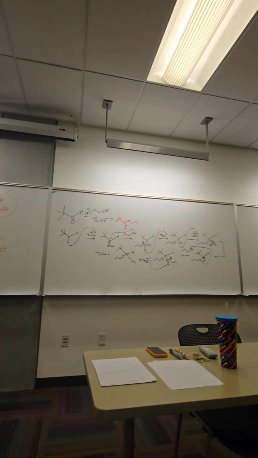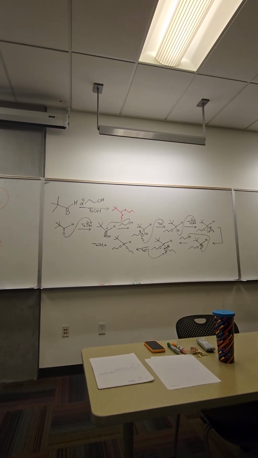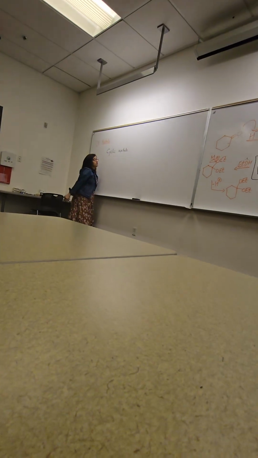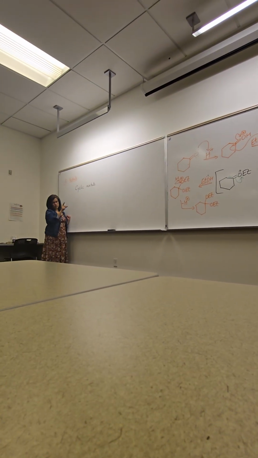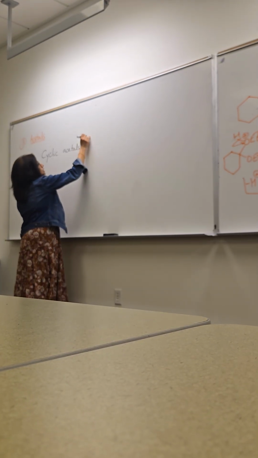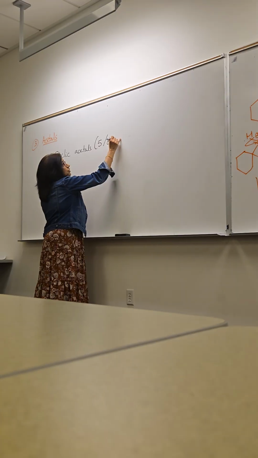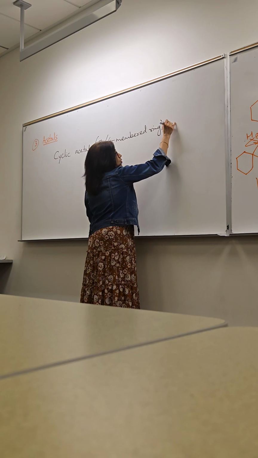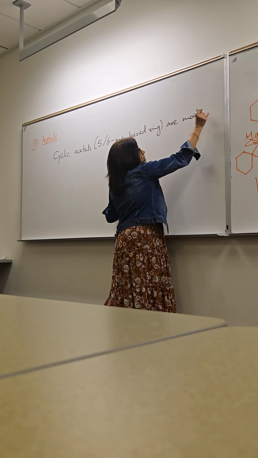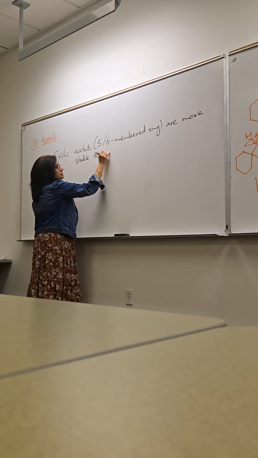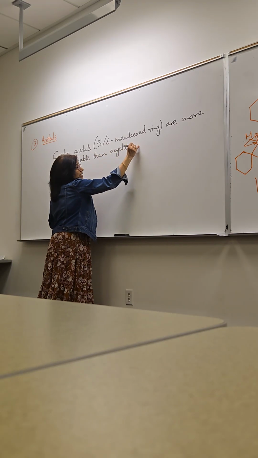Generally speaking though, if you're going to talk to an organic chemist, they will not work with those kinds of acetals. We like to use cyclic acetals, because cyclic acetals, where the acetal is either a 5 or a 6-membered ring, are more stable than acyclic acetals, or acetals that are not cyclic.